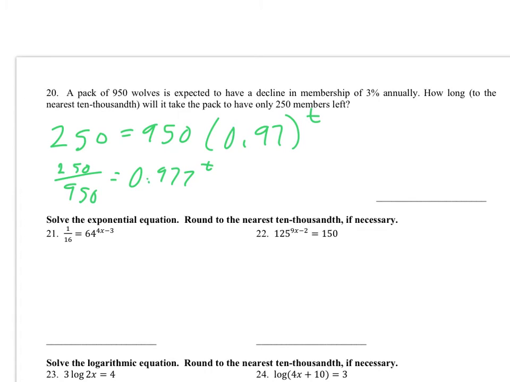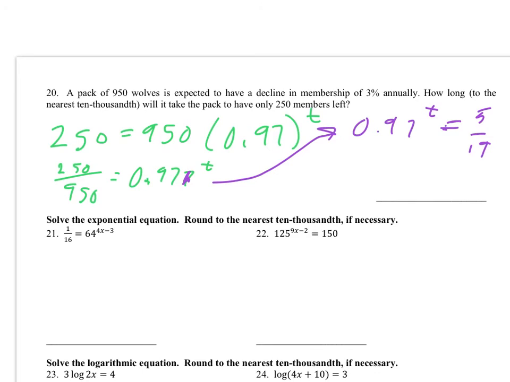Now, of course, you could leave it as 250 over 950. I would not recommend rounding that. It's not a pretty decimal, but it is actually rational, obviously. And it does actually reduce down to a pretty nice number. Let's see if we come back up here then. We get 0.97, or do I put 2 sevens there? 0.97 to the t power equals 5/19.